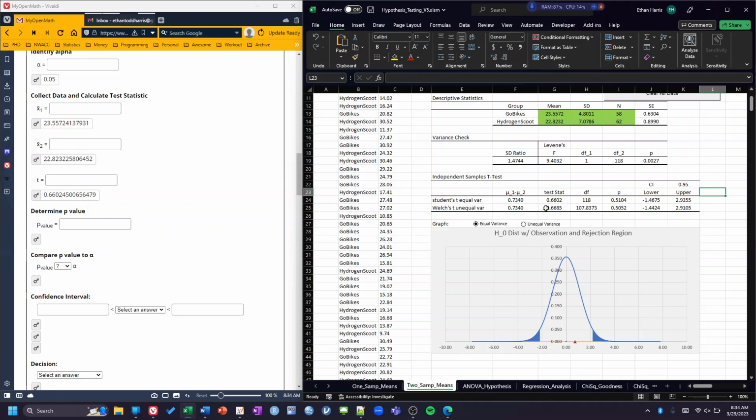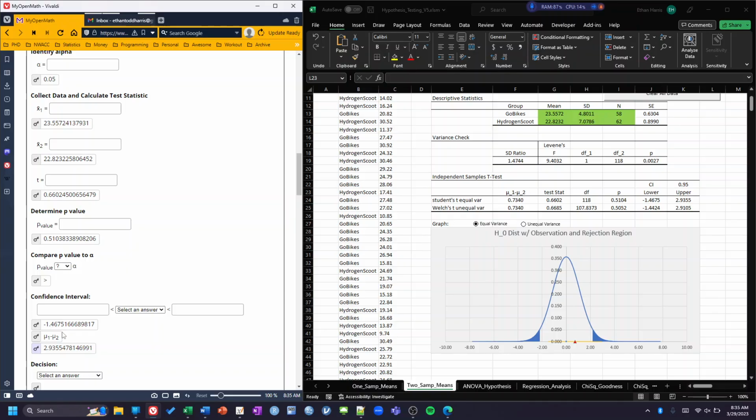Okay, so now we can look at our p-value. Our p-value is 0.504. So this is a very common occurrence, and our p-value is going to be greater than our alpha. And we can look at our confidence interval, which is going to be negative 1.46, and it ranges all the way up to 2.355.